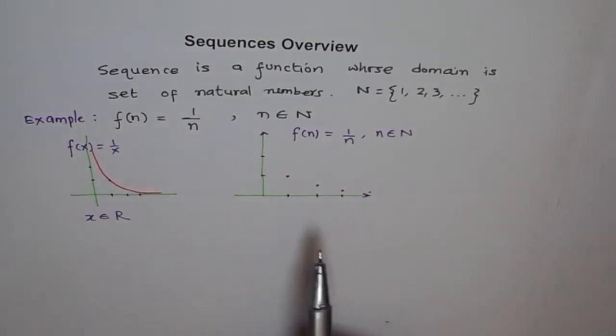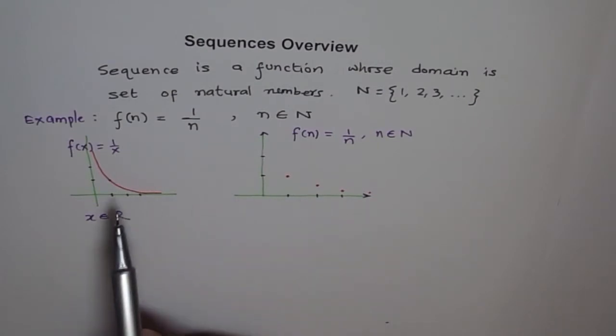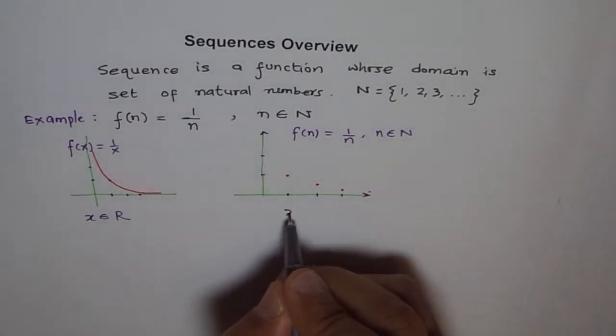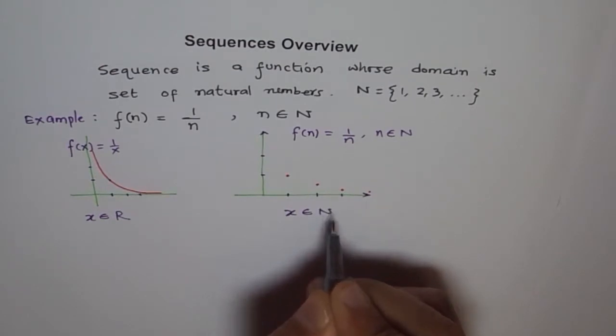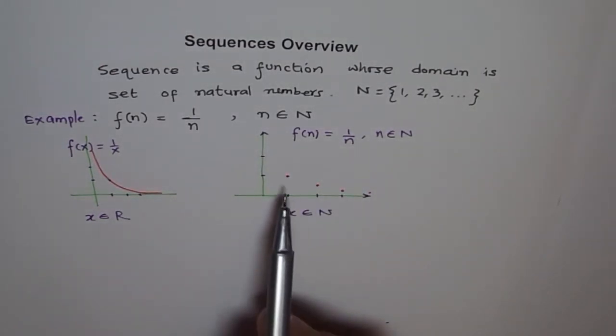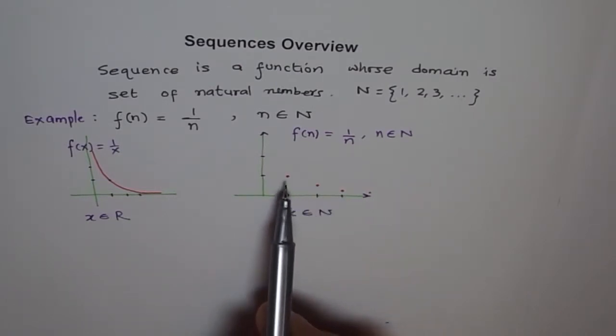So we don't have continuous values when we are talking about sequences. This is continuous when x belongs to real numbers. But as soon as we limit our domain to set of natural numbers, we find these dots here, the points, discrete points.